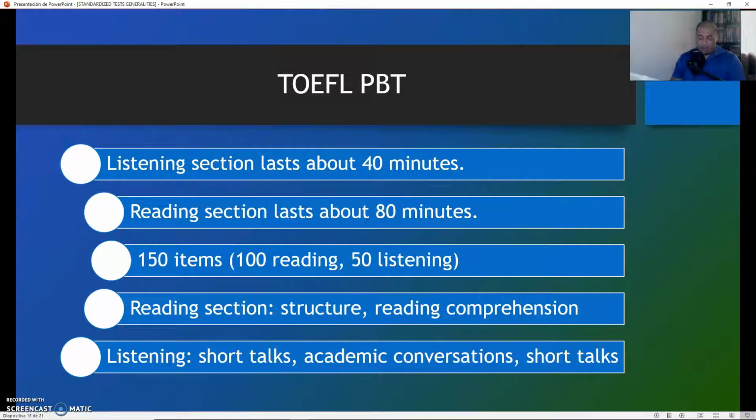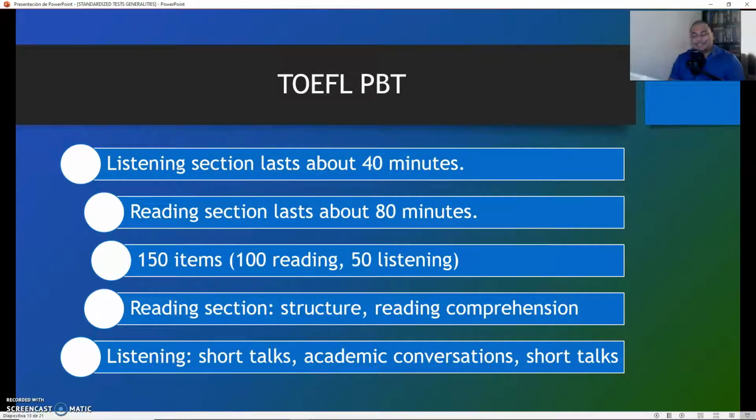And there are 150 items in general. That is 100 items for reading and 50 for listening. The reading section focuses on structure and reading comprehension. Structure is grammar, and reading comprehension, well, it's reading comprehension.